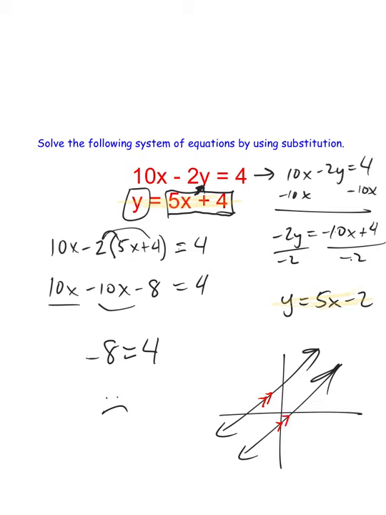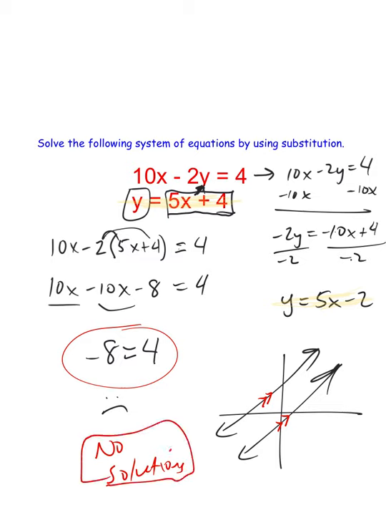And since they are parallel, they never intersect. And since they never intersect, there is no solution to the system. So the reason we ended up with negative 8 equals 4 that didn't work is because there are truly no solutions to this problem. So your final answer would be no solutions because of the parallel lines. And because, of course, that couldn't happen.